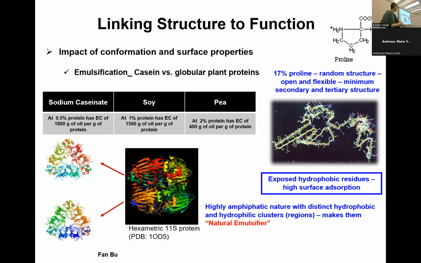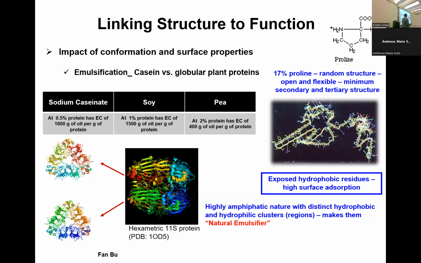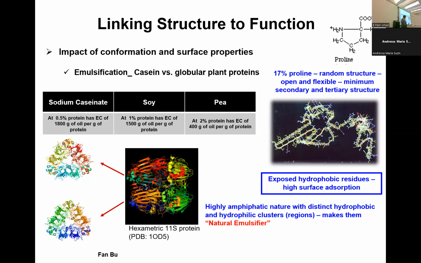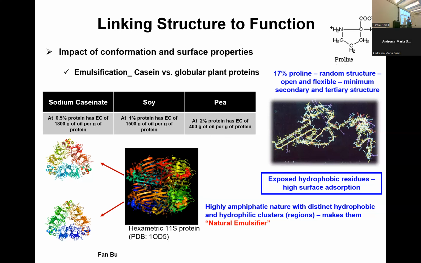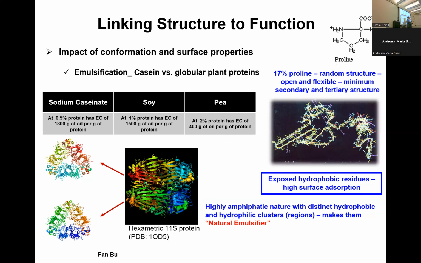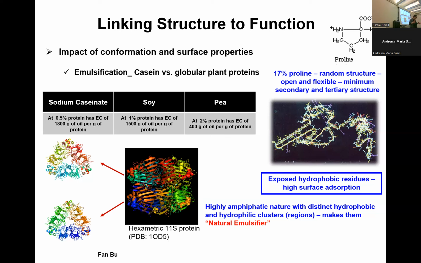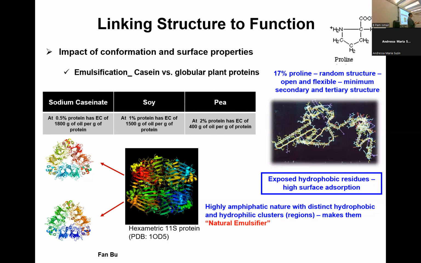Still, with that physical denaturation, you don't break the disulfide. And you have some proteins, the globular proteins in plants, that are stabilized by disulfide. Casein does not have disulfide in it. It's more flexible, so it's easier to orient the different components to the oil phase and the water phase.